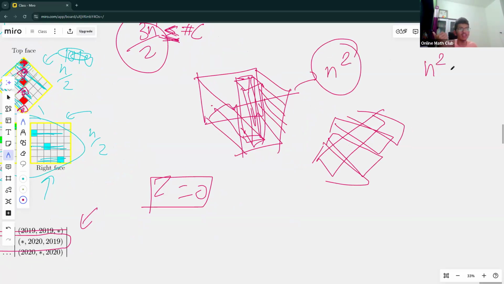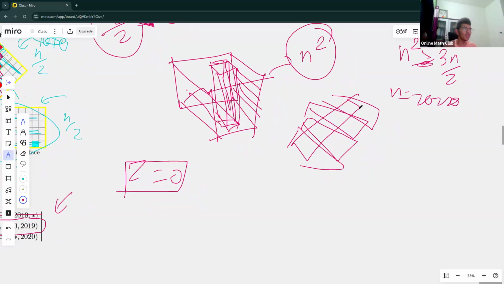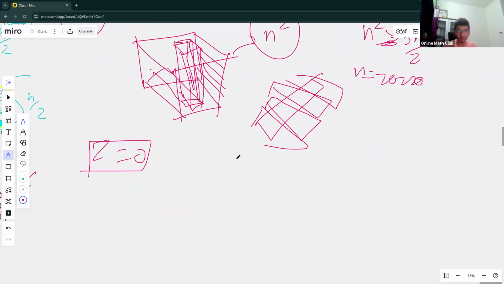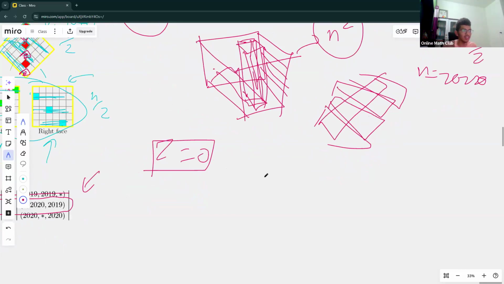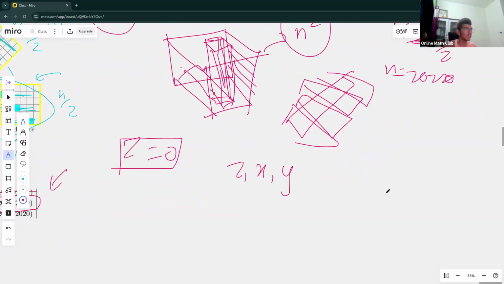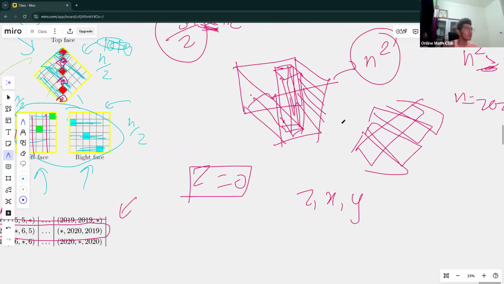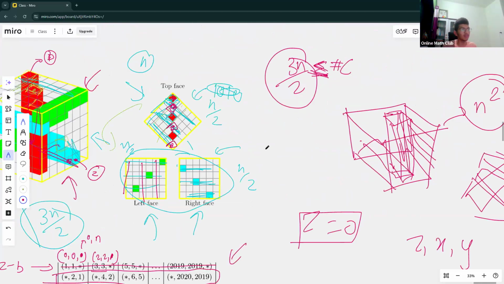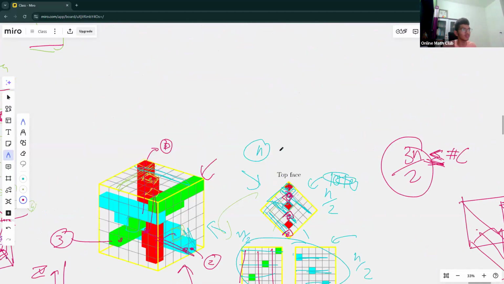But n square is greater than or equal to 3n by 2, since we have n equal to 2022. This is true. So we consider we have at least one type of beam of each of z, x, and y orientation.